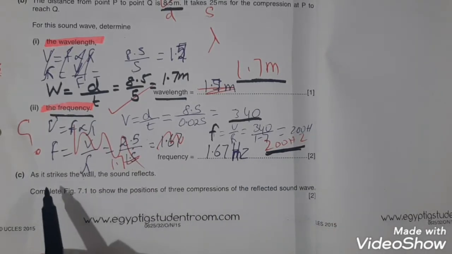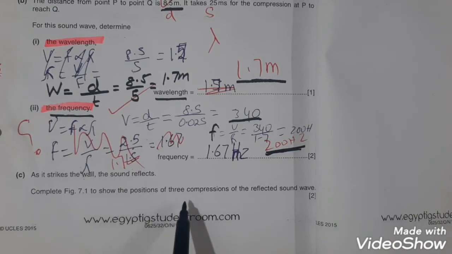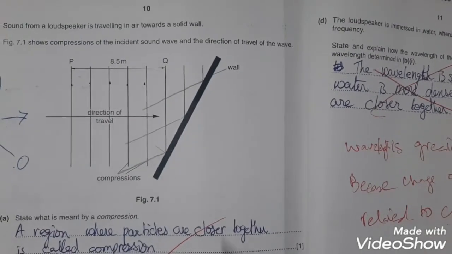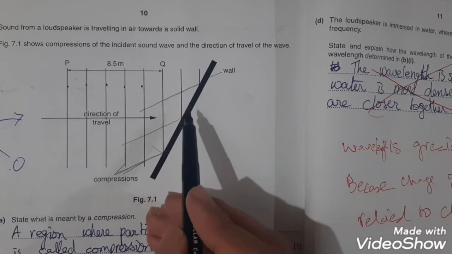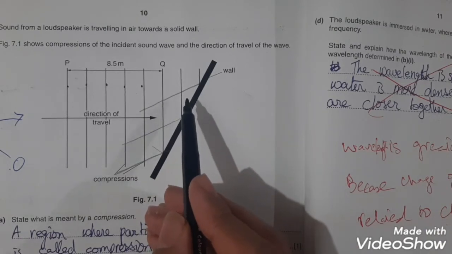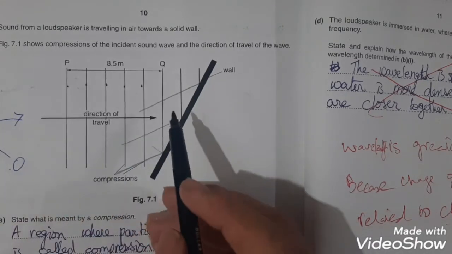Then question C states, as it strikes the wall, the sound reflects. Complete the diagram to show the position of 3 compressions of the reflected sound wave. So over here, when the sound waves are traveling towards the wall, they hit the wall, and then there's a compression of the reflected sound wave.